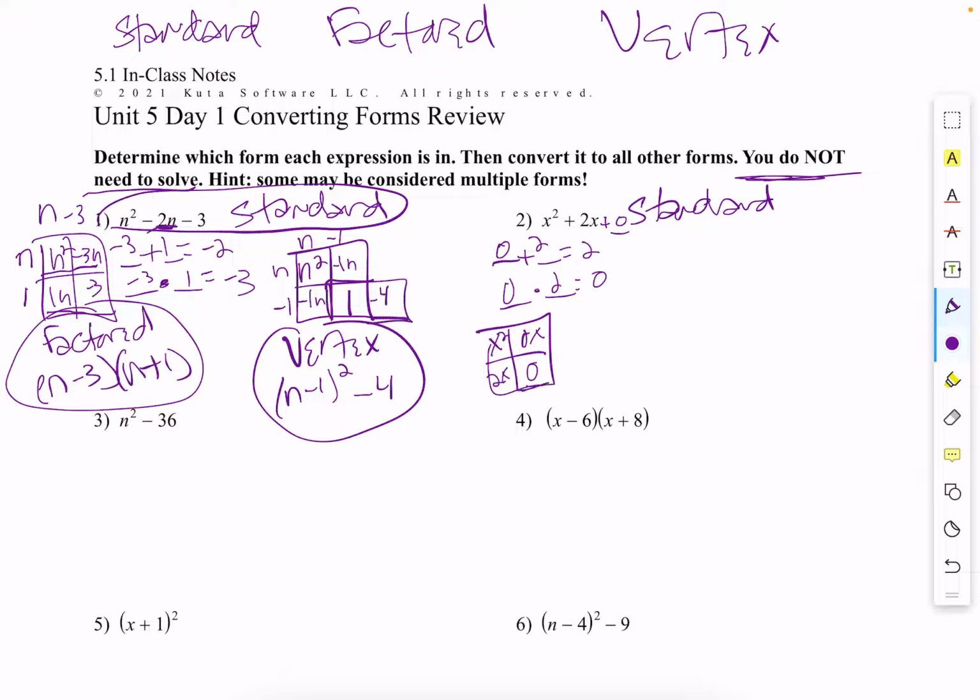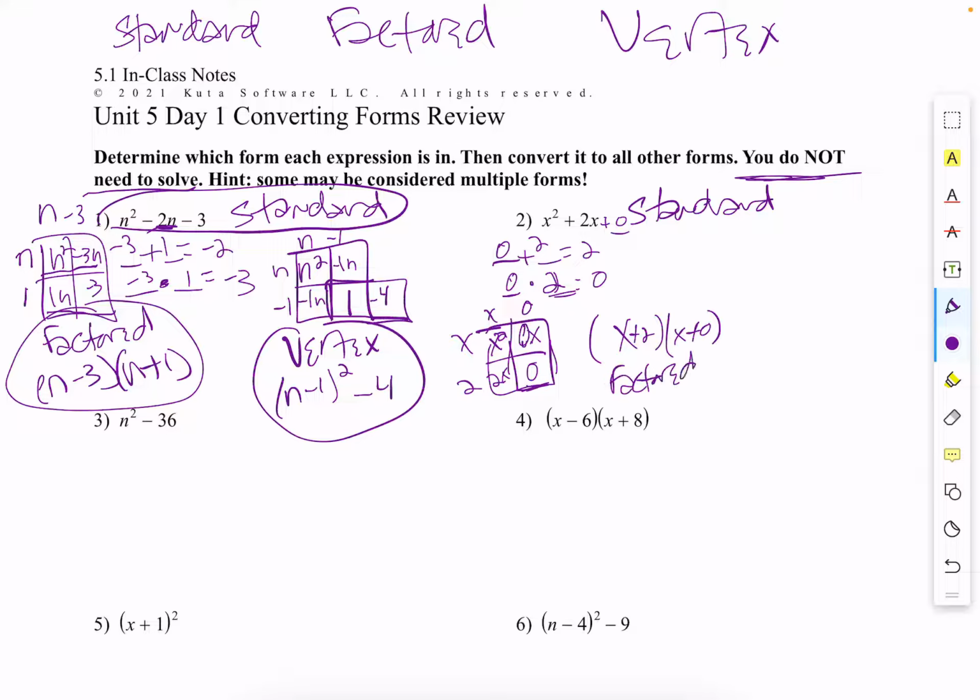That's how I know that we were to multiply to 0. Let me just fix what my thing erased there. Okay, pull out my GCFs. So x plus 2 times x plus 0 is my factored form.